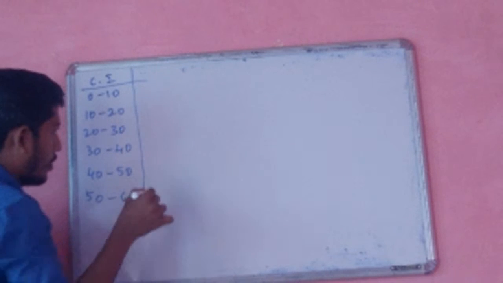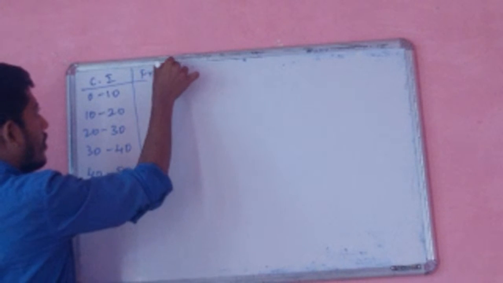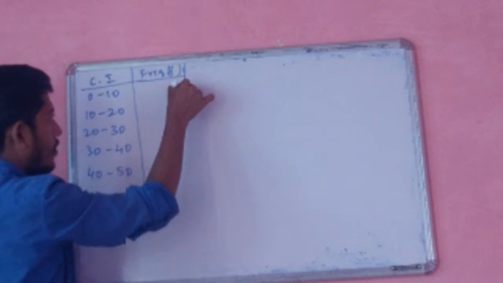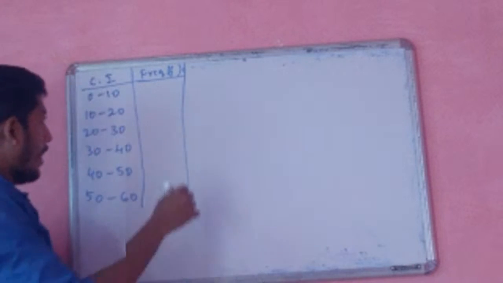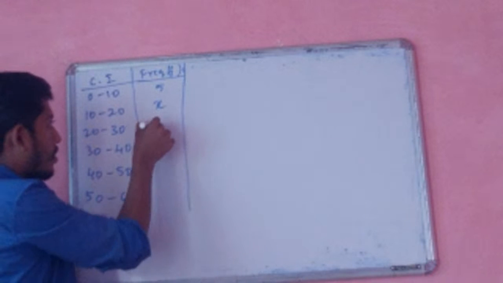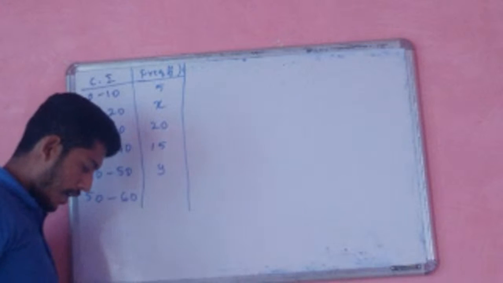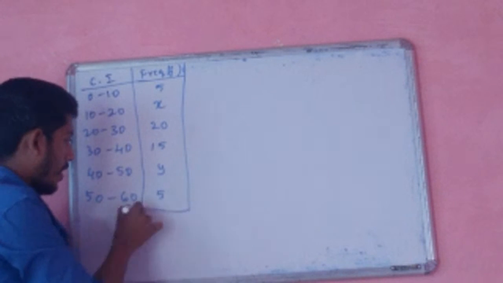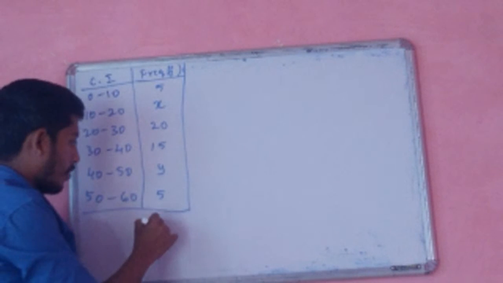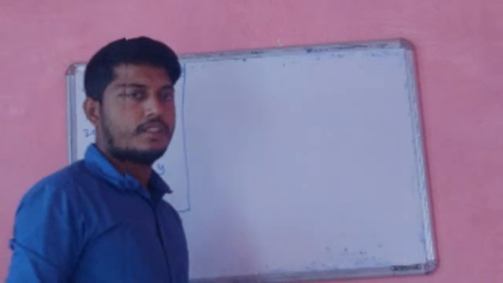And next is the frequency, small letter f: 5, x, 20, 15, y, then 5, and the total sum is given as n equals 60.